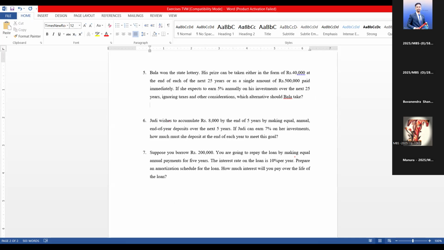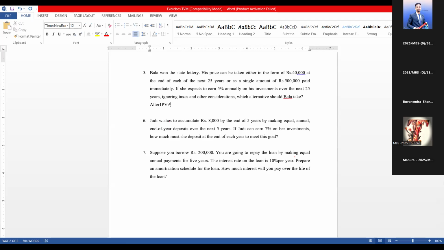For alternative 1, you need to consider that it is actually periodic cash flows. So you are going for 40,000 each year for 25 years at 5% interest. If you calculate alternative 1, what is the present value annuity?